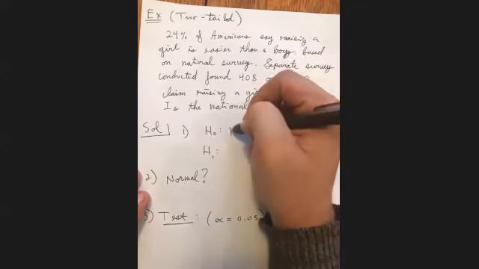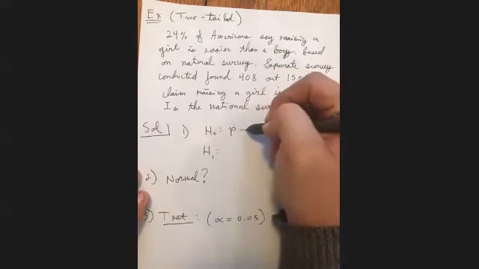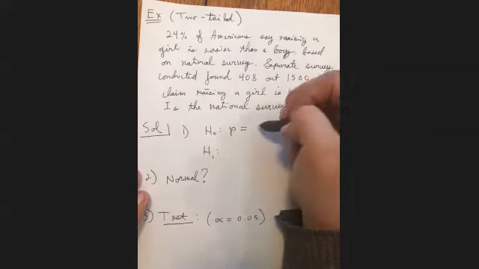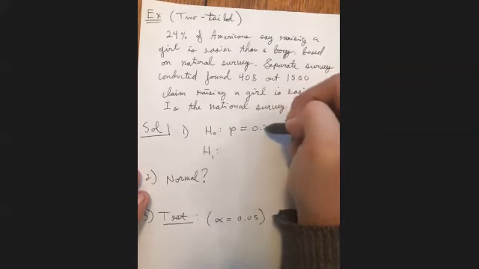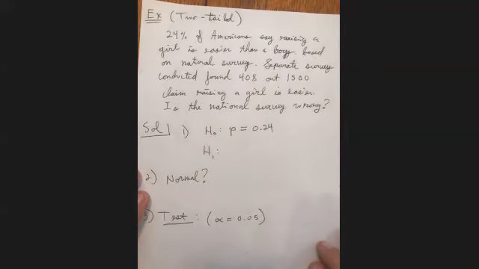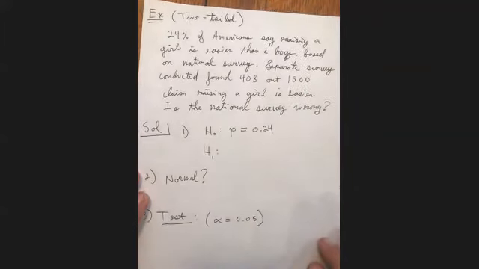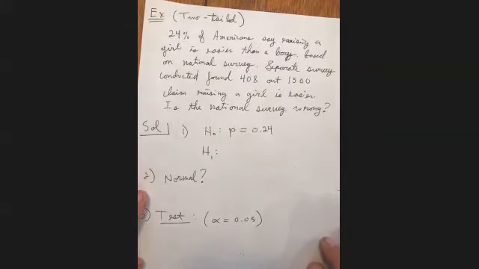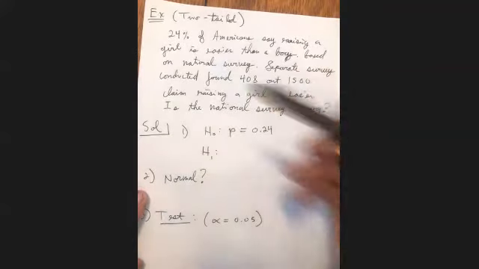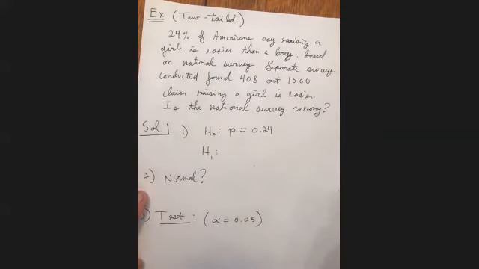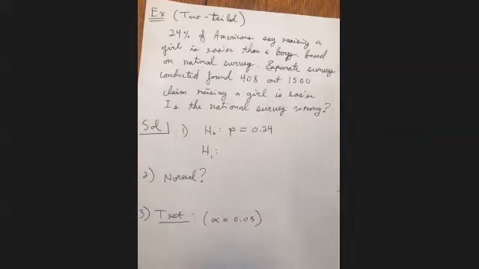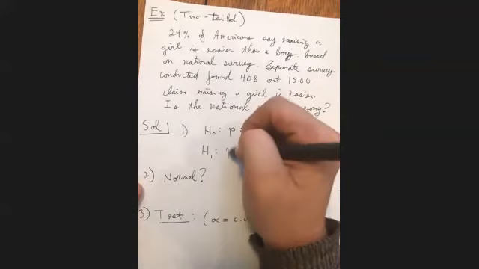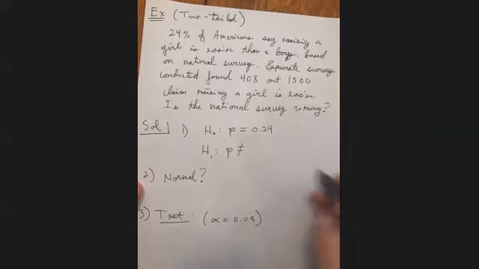So we know that the null hypothesis should be that the parameter is equal to 0.24. What is the alternate hypothesis? Well, we're not interested in whether it's less than the stated 24% or greater than the stated 24%. We just care whether it's wrong or different. To be different just means it's not equal to 0.24.